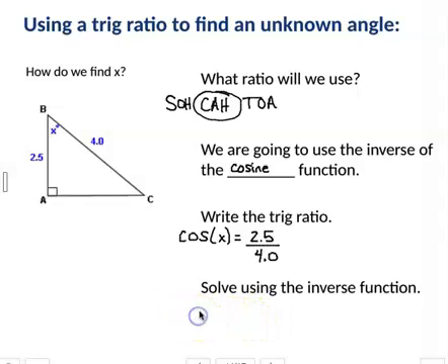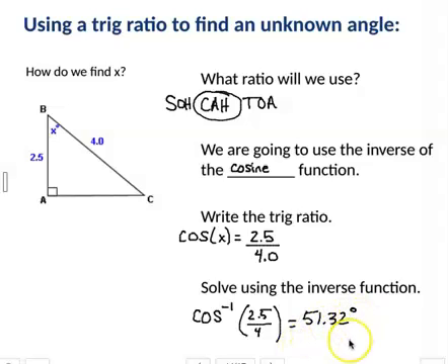So we're going to grab our calculators and type in the inverse cosine of 2.5 over 4. And what do you get? Second cosine, to get that inverse cosine on your calculator, then type in 2.5 divided by 4. Again, we're going to round to 2 decimal places. I get 51.32 degrees, and that's our final answer.